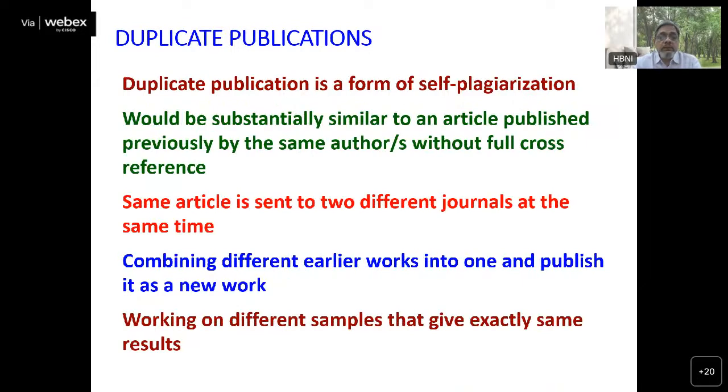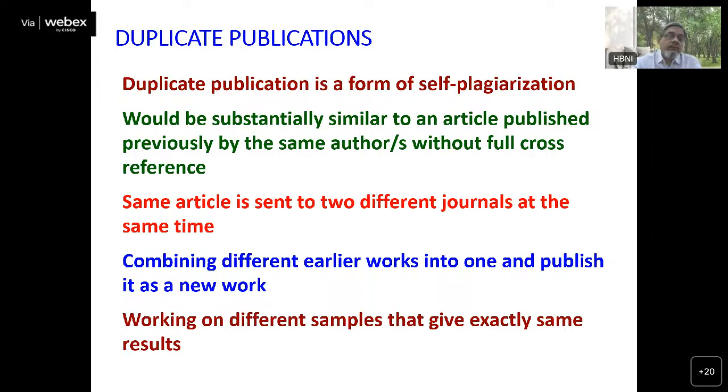Then, what are these redundant publications? First, you have a duplicate publication. So this is a kind of self-plagiarization of your own papers. And such a publication would be fairly similar to an article which has been published previously by the same author or the group of authors without any cross-linking, that is, without any cross-references.